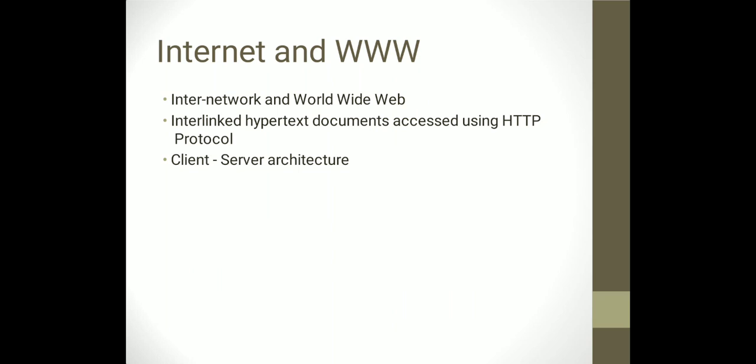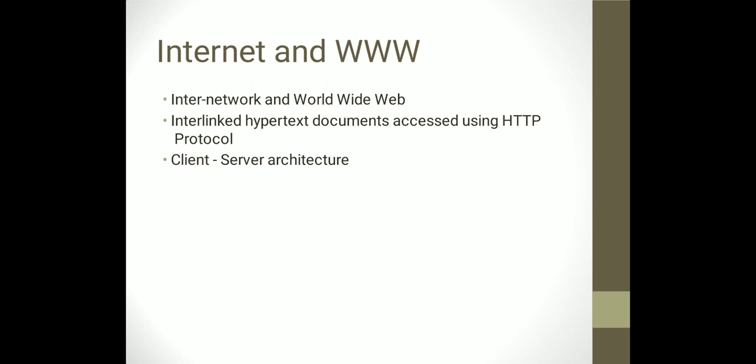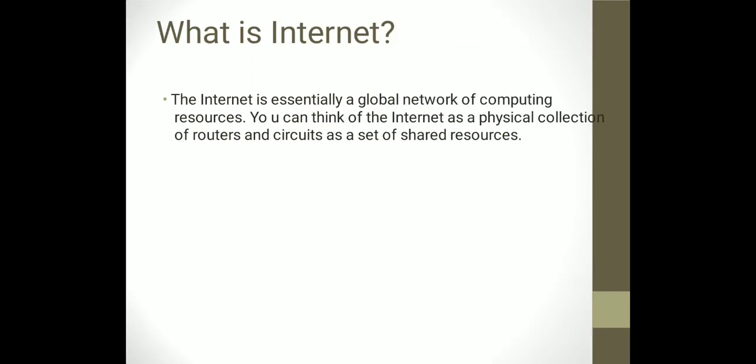The World Wide Web is simply pronounced as the web sometimes. It is a way of retrieving information over the internet. The World Wide Web, or the web, is a model of information sharing which is built on top of the internet.